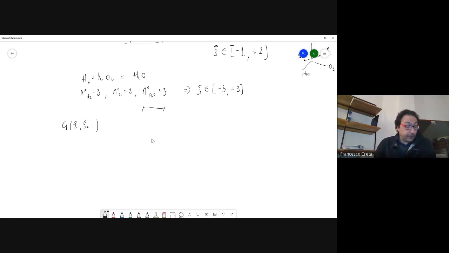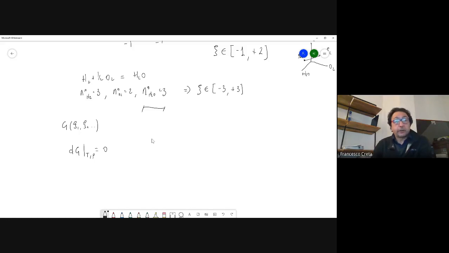Now, let me remind you of this fact a little bit better. So remember that our condition of equilibrium for a constant temperature and pressure system was this, right? A minimum of Gibbs energy.